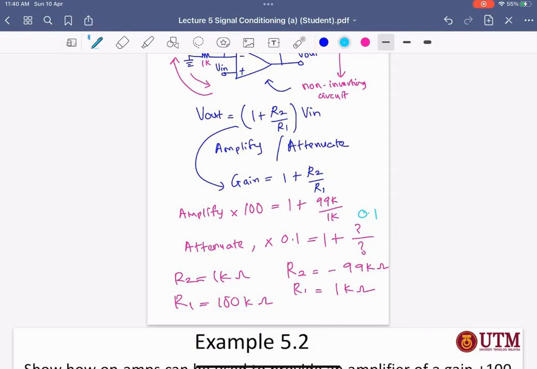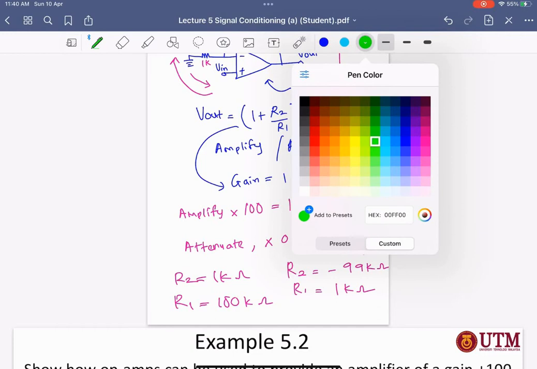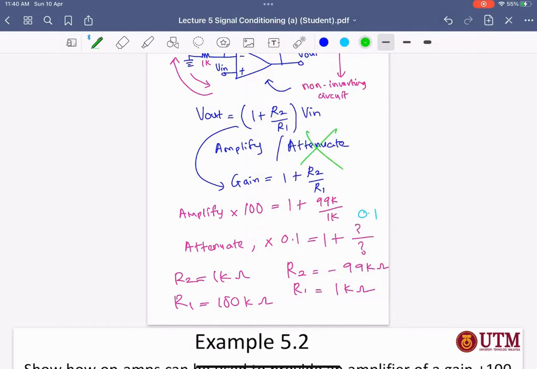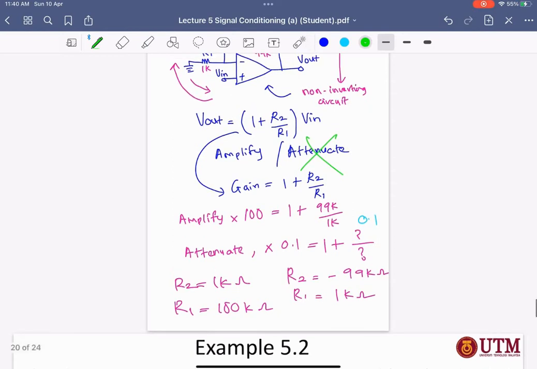So what does this mean, guys? It means that the non-inverting circuit cannot be used for attenuation, because of this 1. Whatever values you use, for example this one gives 0.1, but it still amplifies: 1 plus 0.1 means the gain will be 1.1.